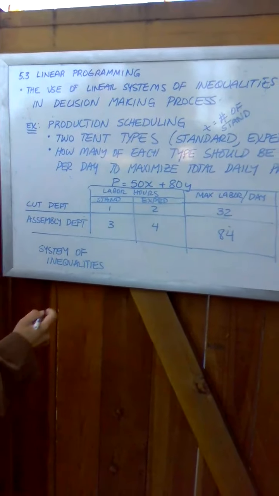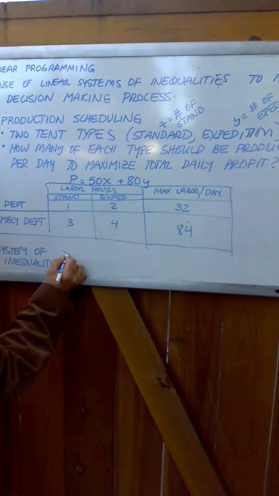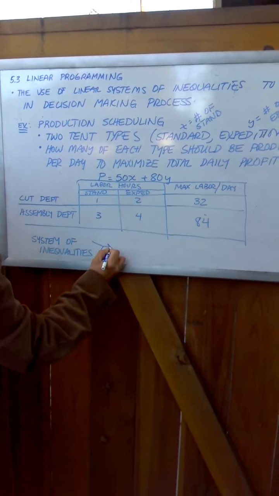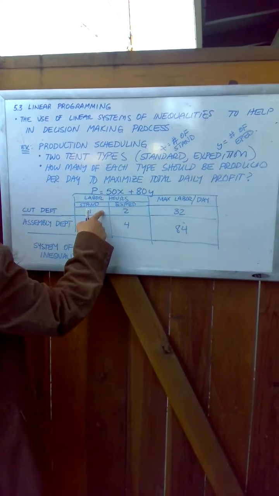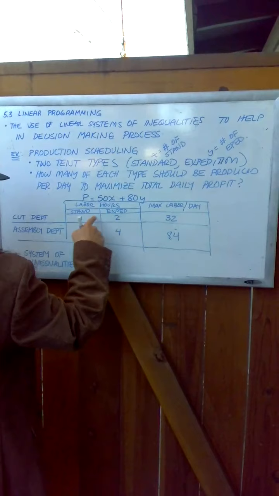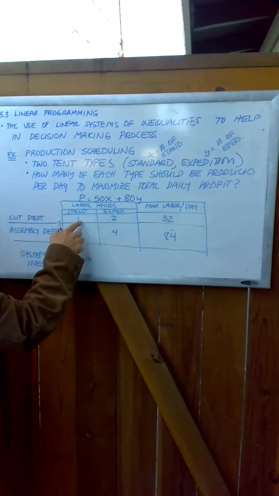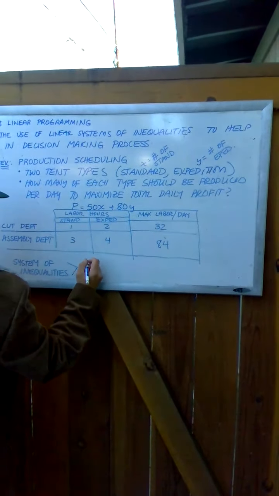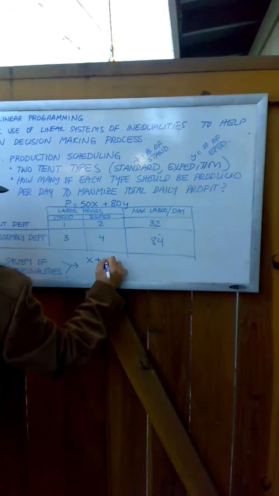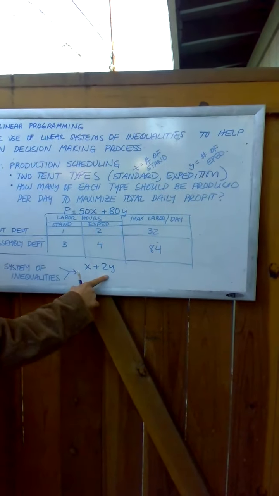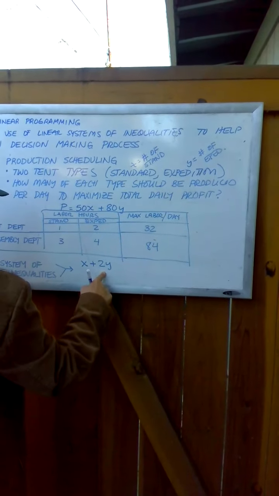Right here we have the first inequality, the labor hours: 1 hour for every standard tent, plus 2 hours for every expedition tent.